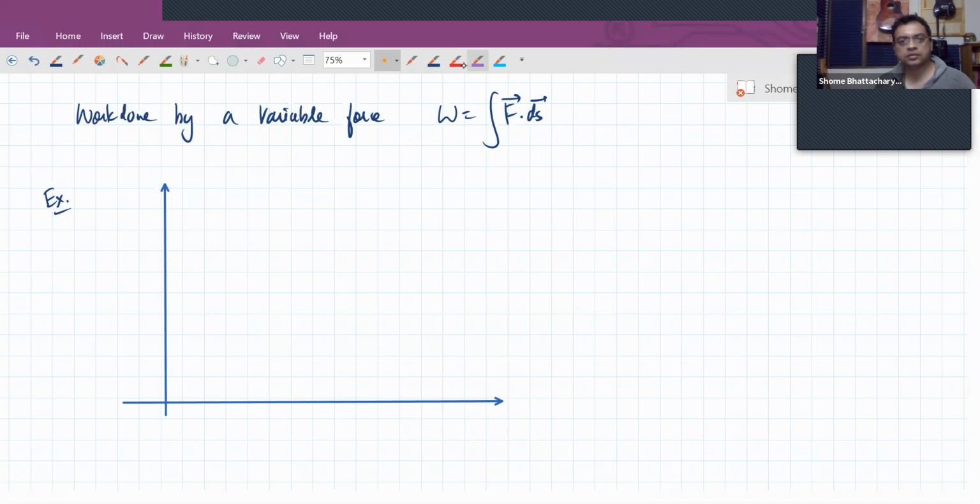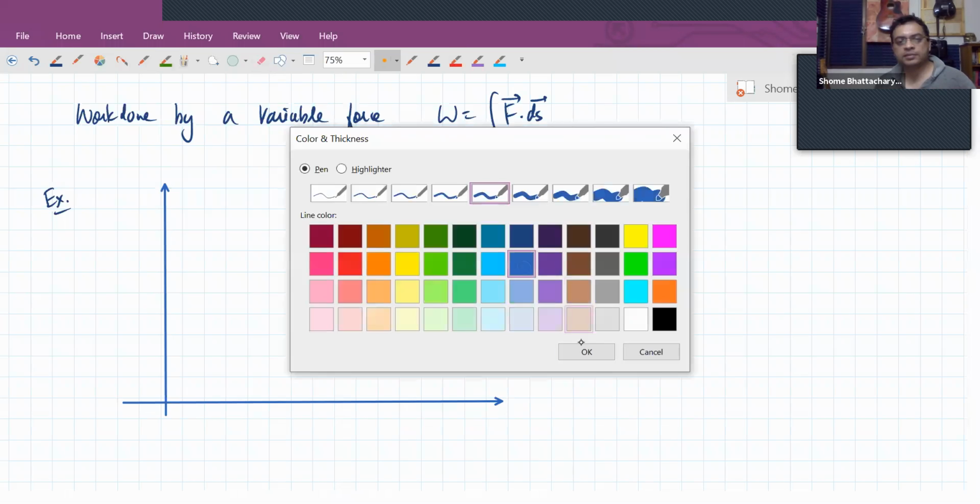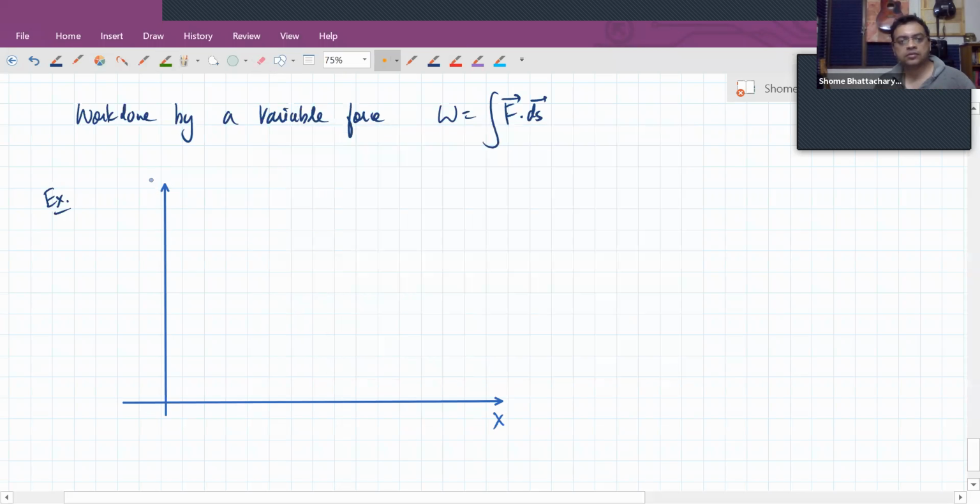So let's say we have a particle in a 2-dimensional plane, moving from the origin here to some point A, which has coordinates, let's say, A comma 2A.